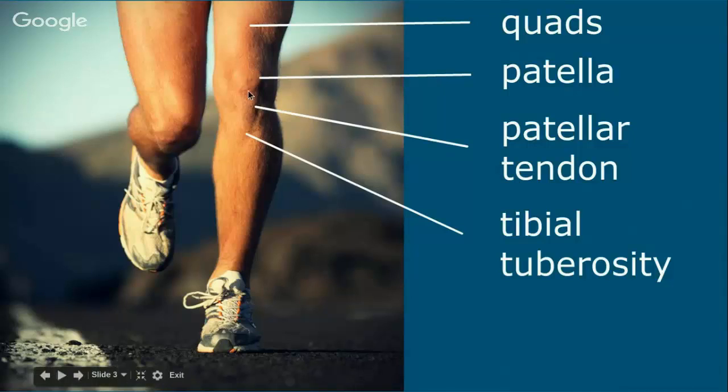Below the patella is the patellar tendon, so it's all one big mechanism, with the patella sitting inside the quadriceps tendon, and it attaches down onto the tibia at a point called the tibial tuberosity or the tibial tubercle. So from tibia, tibial tubercle, patellar tendon, patella, quads tendon, quads, the whole thing is one integrated structure going right up to actually as far as the hip.